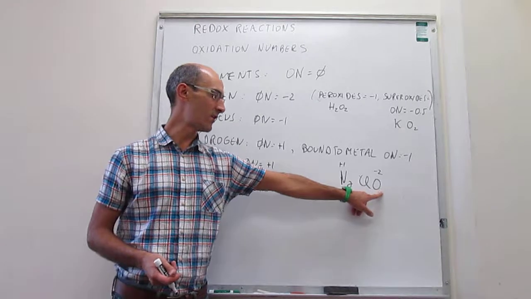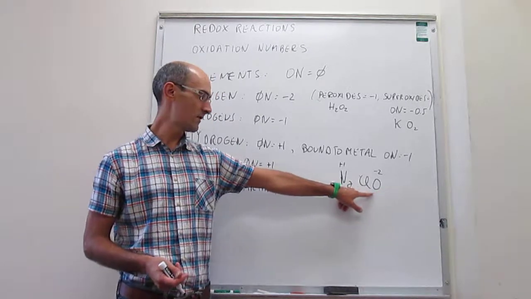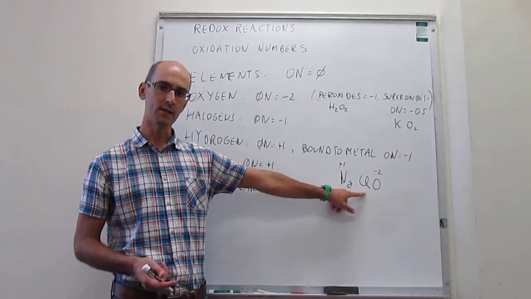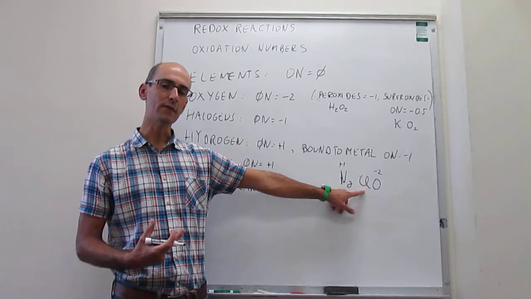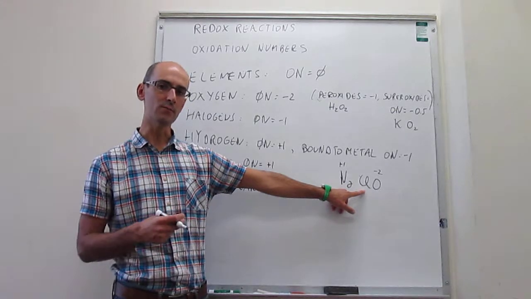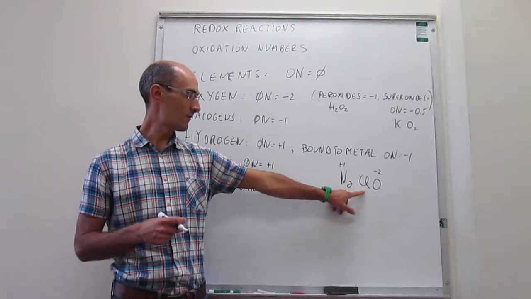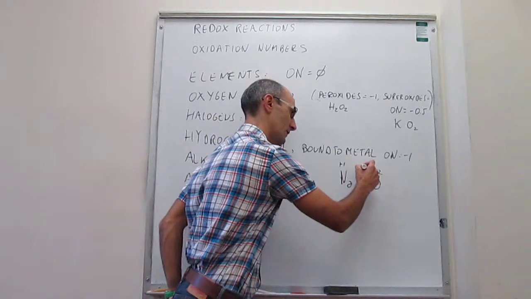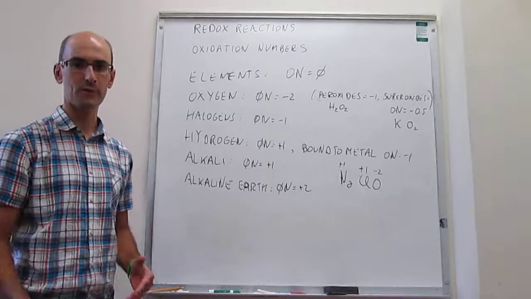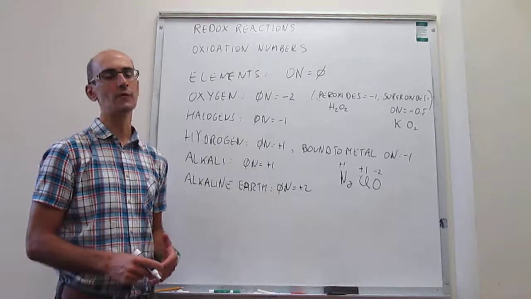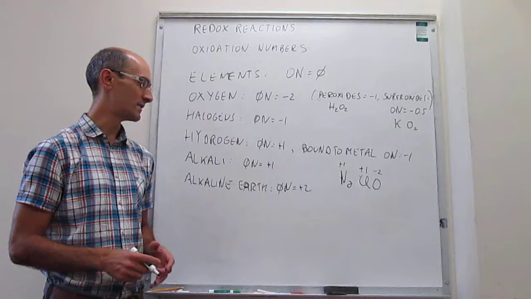But notice that this is an oxo ion, hypochlorite, so that rule does not apply anymore for the halogens. Instead, you have to be guided by the fact that the sum of the oxidation numbers has to be equal to 0. In order to make that happen, the oxidation number of chlorine in that compound has to be equal to +1. You can see how these rules come into play with these examples.